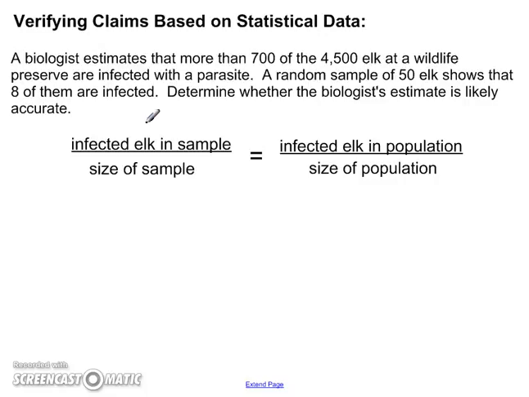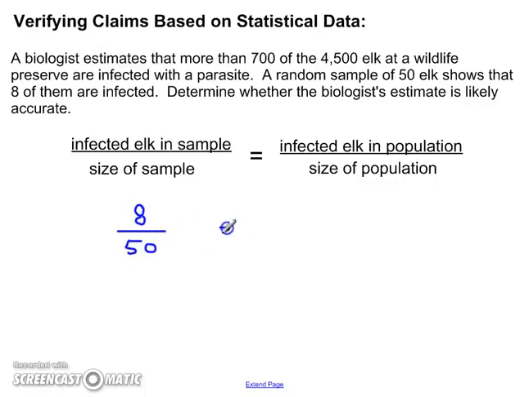Okay, and we're going to do this using a proportion. In this particular case, we're going to set up a proportion that compares the sample data to the population data. So, infected elk in the sample: we had 8 elk that were infected, and our sample size was 50 elk.